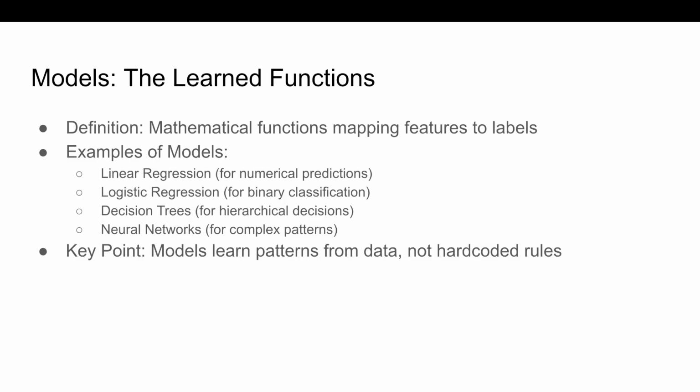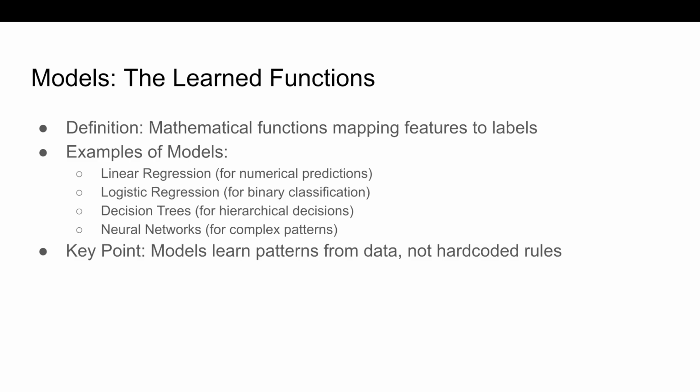There are many different types of models, each with its own architecture and learning algorithm. Some common examples include linear regression, a simple model that learns a linear relationship between input features and a numeric output label. It's often used for tasks like predicting housing prices or sales forecasts.